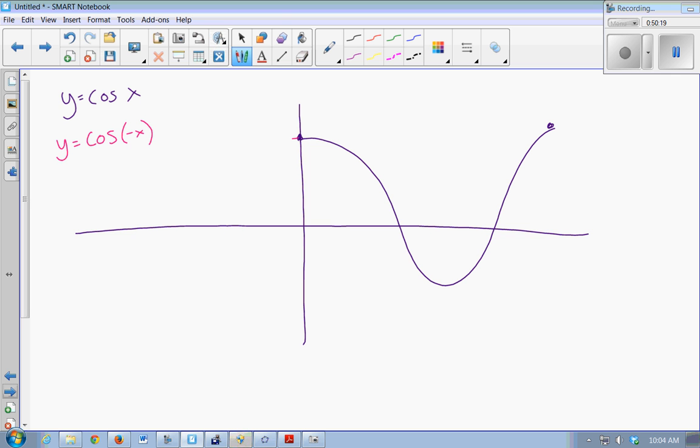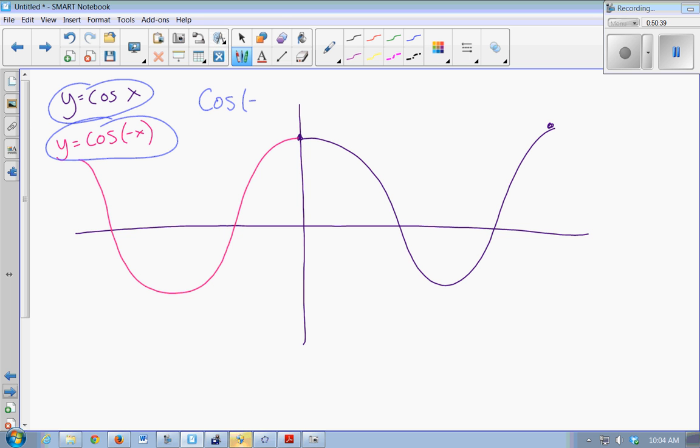So it would look like that. But what is true about that pink curve? It's just a continuation of the original purple curve, right? So these two things are the same. Cosine of negative x is the same as the cosine of x. Those are the same functions.